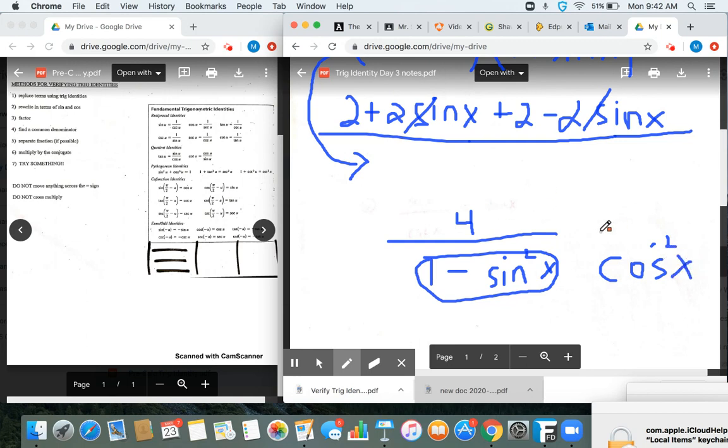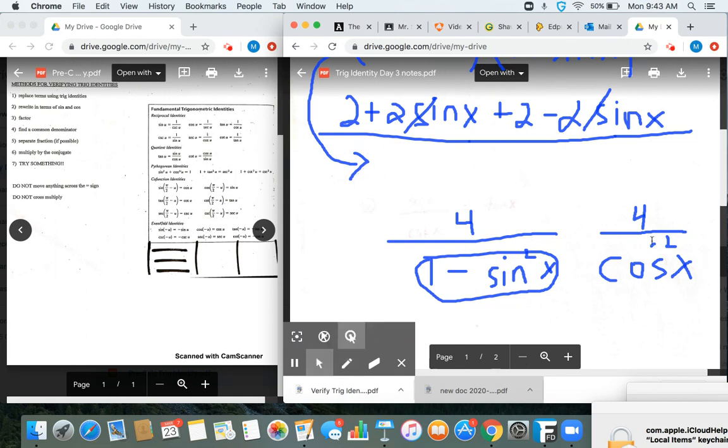So by multiplying our denominator, FOILing it out, getting 1 minus sine squared x, we then use the Pythagorean identity to now somehow get cosine into our problem. We're still not done. We need to now make cosine secant somehow. So the next step would be to use what we call our reciprocal identities, right? We know that cosine is 1 over secant, right?